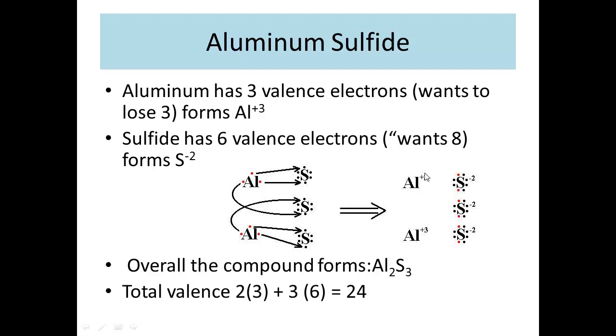I have 2 plus 3's, which is total plus 6. And I have 3 negative 2's, which is negative 6. So overall, they cancel out. My total number of valence electrons is 2 times 3 from aluminum, 3 times 6 from sulfur, totaling 24 valence electrons. So, all right, moving on.